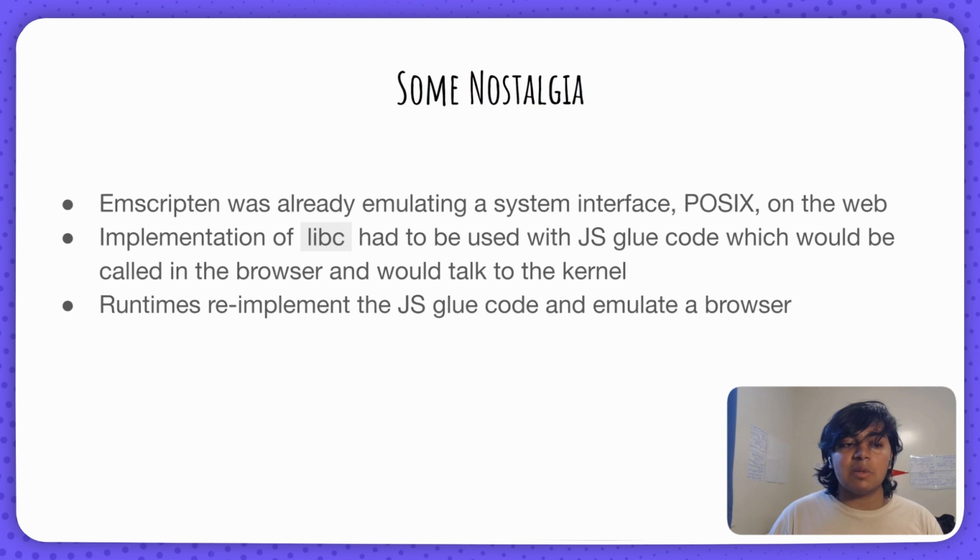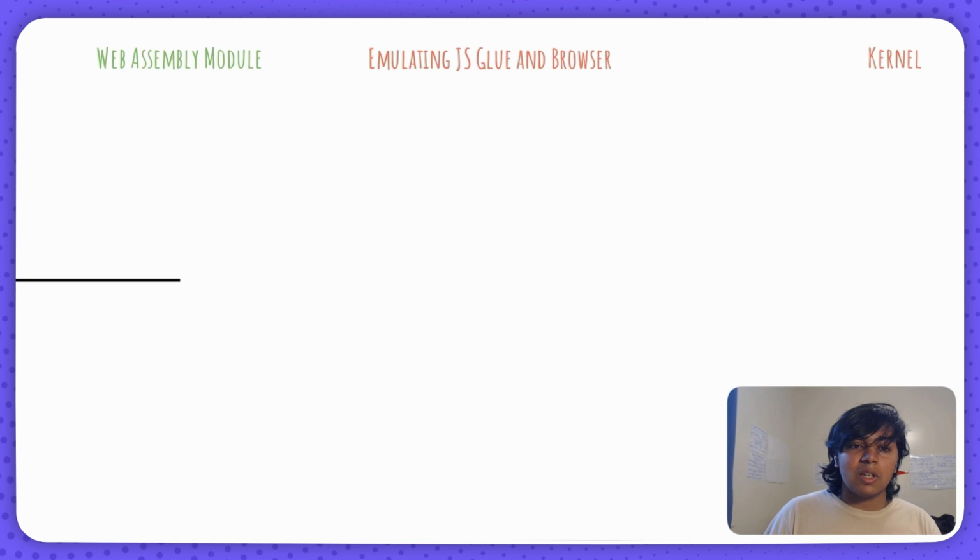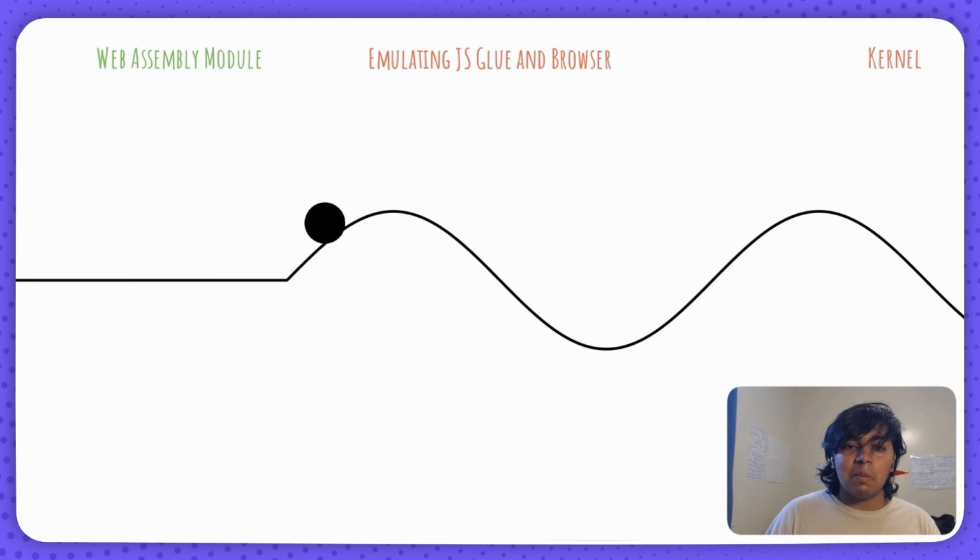This also made sense just because of the way we talked about running WebAssembly on the web. So this approach was a natural extension of what we would be able to do. A problem with this approach is that you think about the WebAssembly module, then emulating the JS glue code and emulating a browser, and the emulated browser then talks to the kernel, and the kernel gives resources to the emulated browser, which in turn gets us resources for running our WebAssembly module.